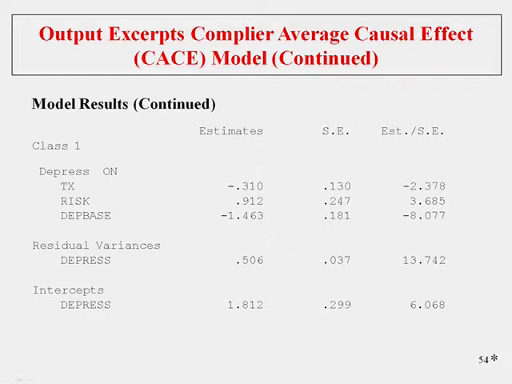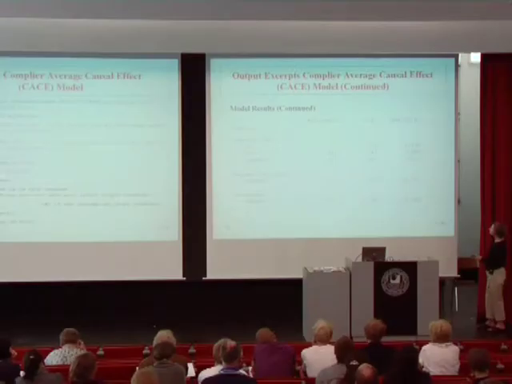The second column is the standard error of the parameter estimate. And the third column is the ratio. So that's like a z-score. So we would be looking for significance values greater than the absolute value 1.96.